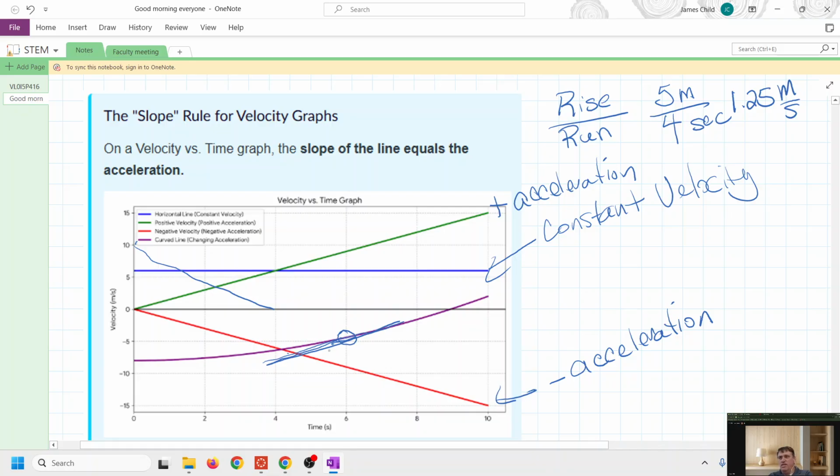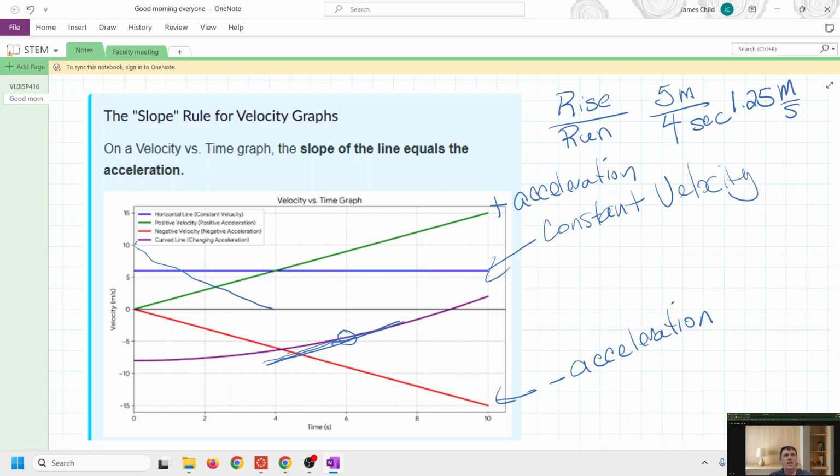Because the curved line is changing acceleration, I can't take the whole line. I can only take it in discrete lengths. But I can figure out what the acceleration is at that point in time. Okay. Cool. Let's make sure I covered everything.